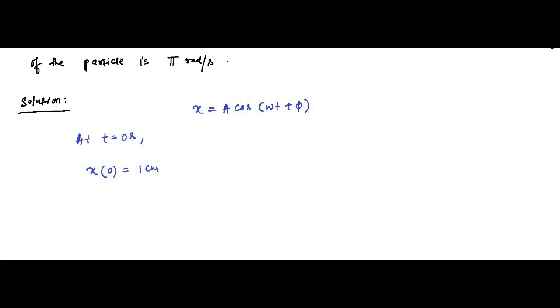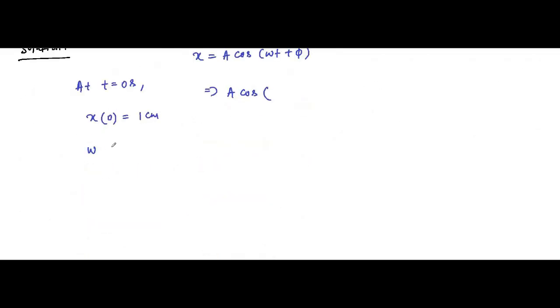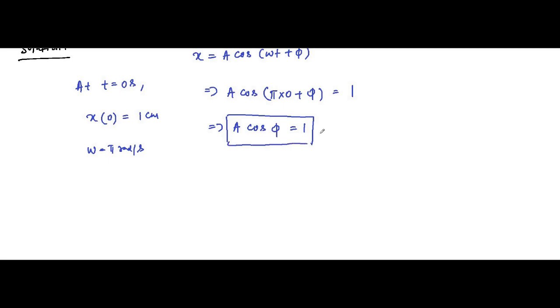So if we substitute the value here, that implies A cos of omega, which is the angular frequency, pi radians per second, into 0, plus phi, is equal to 1. That implies A cos phi is equal to 1. This is an important relationship. We will put it in a box and give it a number.